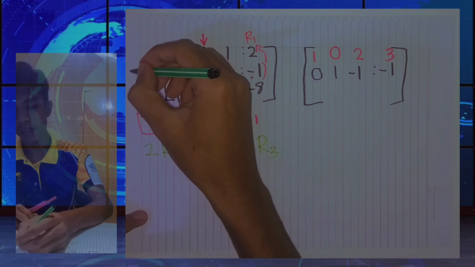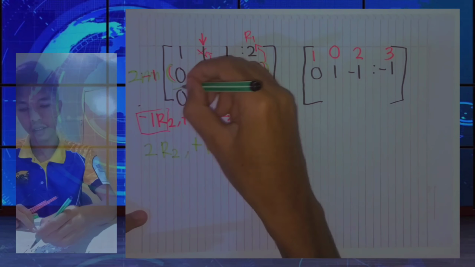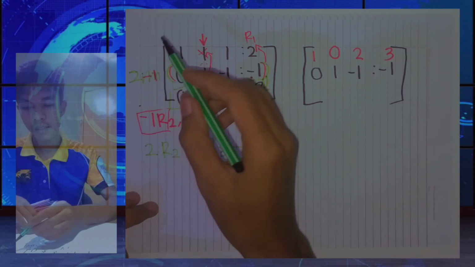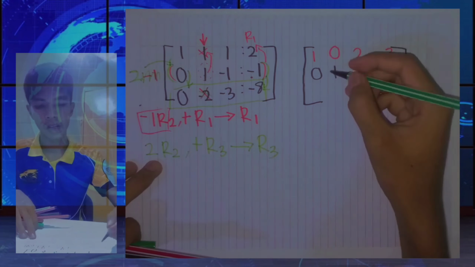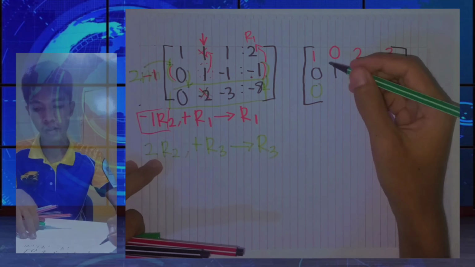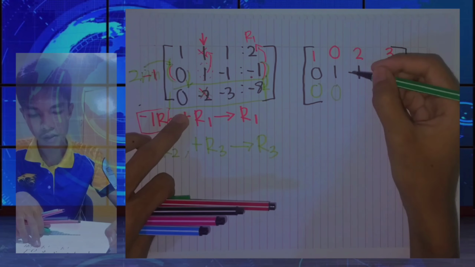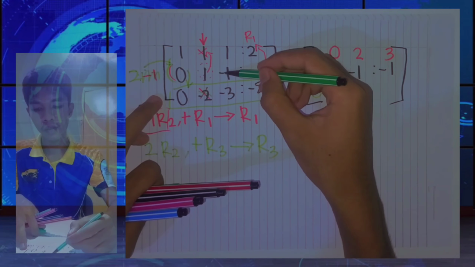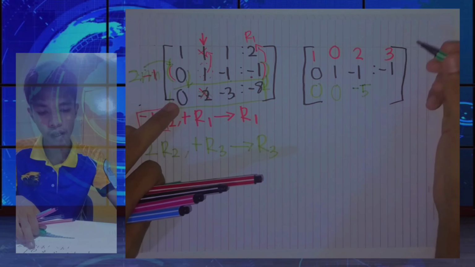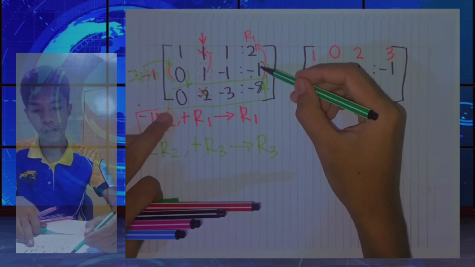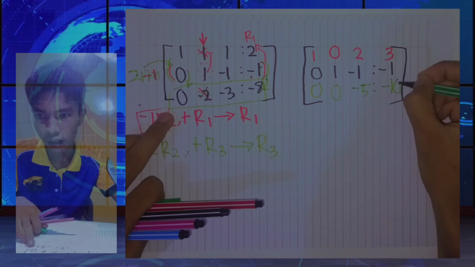So here is 2 times 2 plus row number 3. 2 times 0 plus 0, we get 0 here. 2 times 1 plus negative 2, we get 0 here. 2 times negative 1 plus negative 3, we get negative 5 here. 2 times negative 1 plus negative 8, we get negative 10 here.